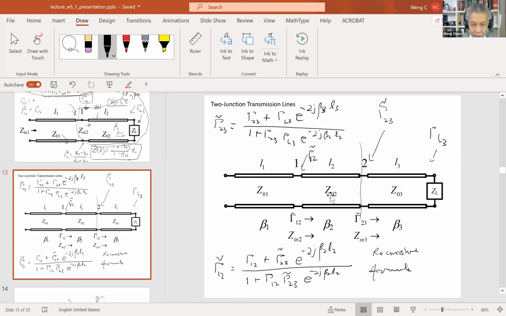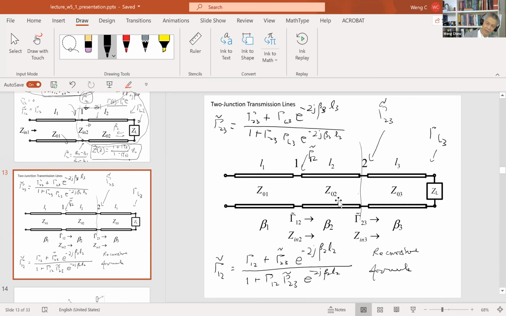These Z01 are the properties of an infinitely long transmission line. These are called the characteristic impedance of the transmission line. It is a parameter that we analyzed when we first started out on transmission line theory. We assumed the transmission line to be infinitely long, with lumped inductance and capacitance, and there is a characteristic impedance that relates the ratio of the voltage to the current.